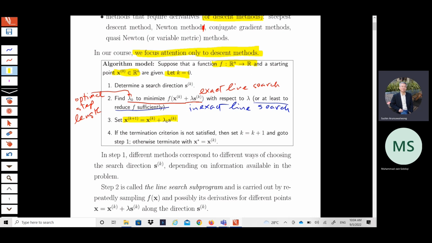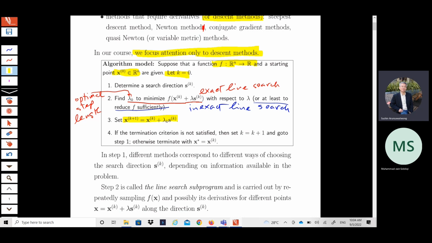After we update the iterate xk plus 1, we do the test. We have to check whether we need to stop the iteration or proceed.